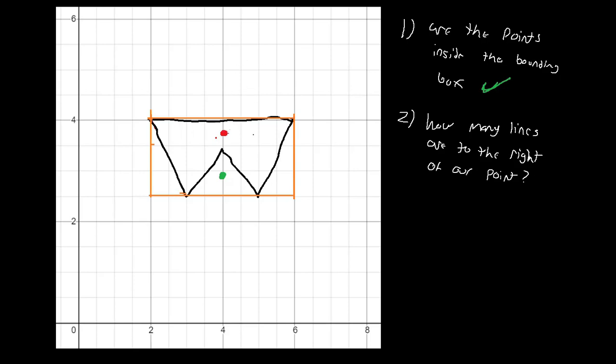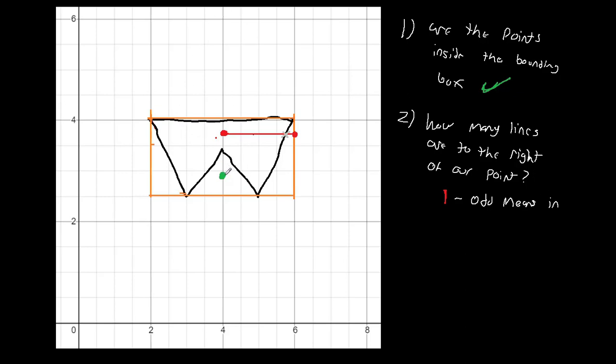We're going to draw a horizontal line until we reach our x max. So we have this line here. How many lines does this intersect? It intersects 1 right here. So our red line intersects 1. Because it only intersects 1, that's odd, odd means in.